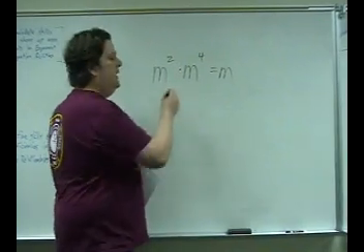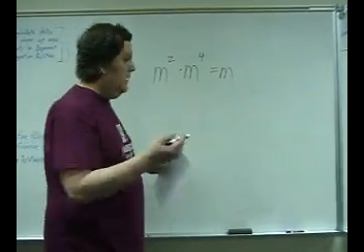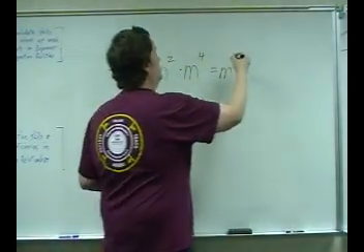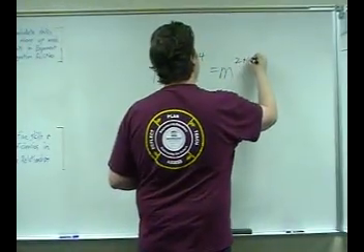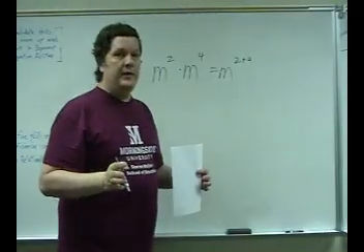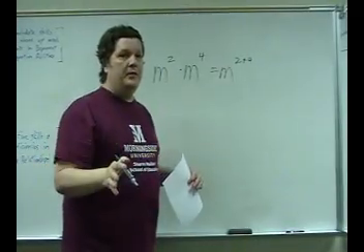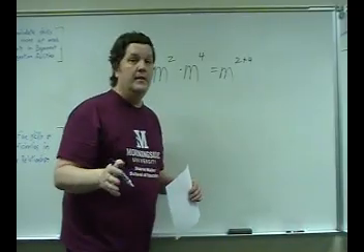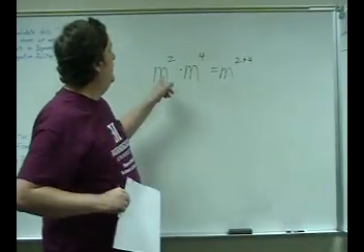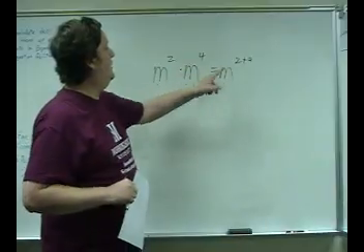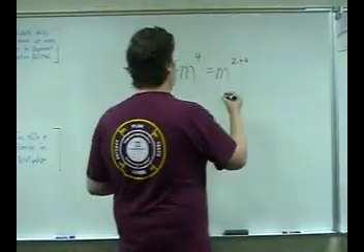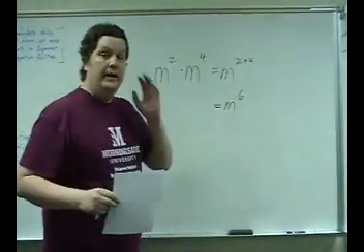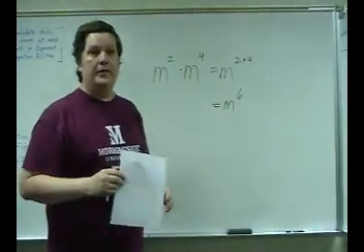So this is m and m, they both have the same base. So m times m gives us 2 plus 4. Because we don't have parentheses with an exponent, we're not going to multiply. We don't have a division sign, so we're not going to subtract. That just leaves addition. So m squared times m to the 4th, 2 plus 4, m to the 6th, and that's all you need. That's the correct final answer.